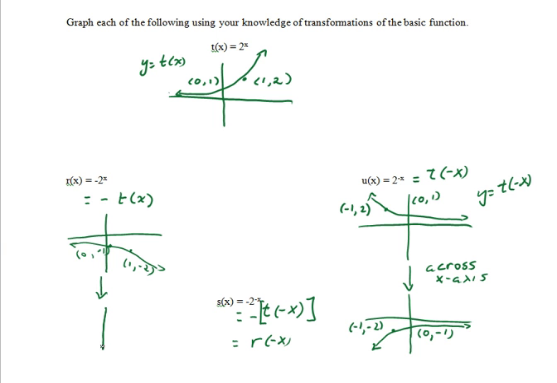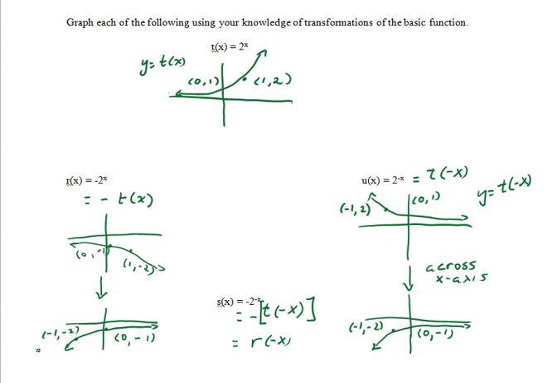So that would say that we could take the graph of r of x and flip it over the y-axis. And when we did that, we would get an increasing graph through -1, -2, and 0, -1.